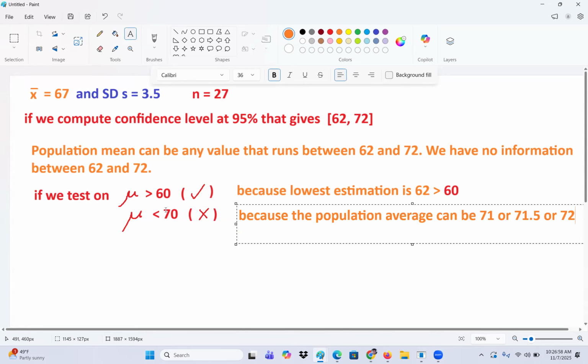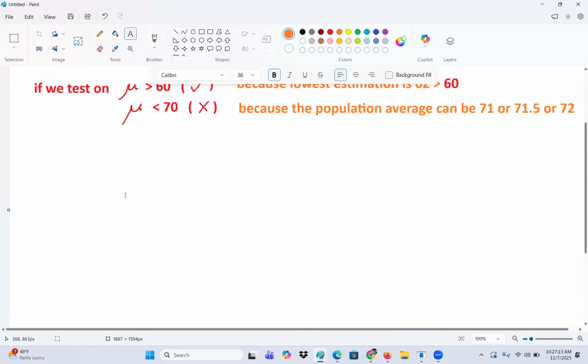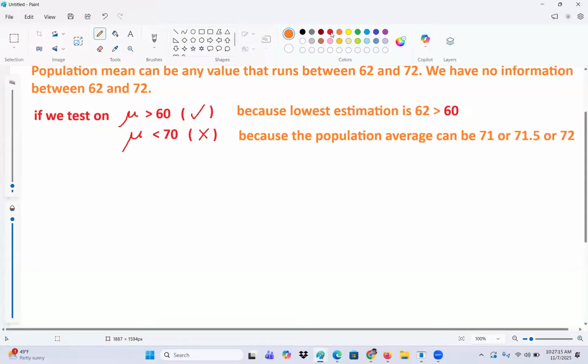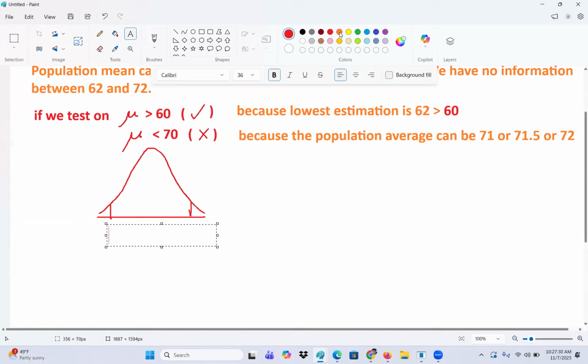So when we test any value between the confidence level, we do not accept this hypothesis, right? Because it always comes with the likelihood and the probability. So for hypothesis testing, on the other hand, we're going to set up the bound between 62 up to 72, whatever it is.